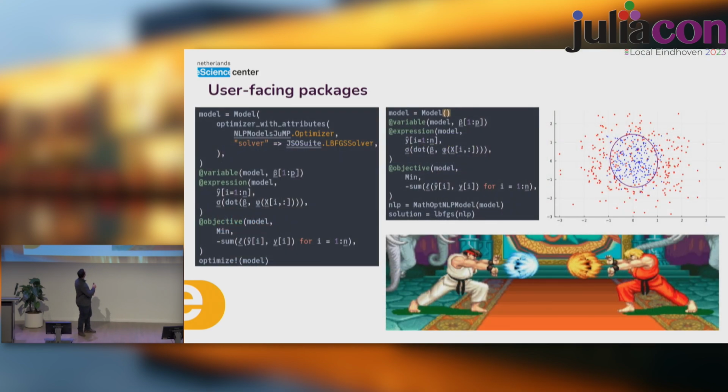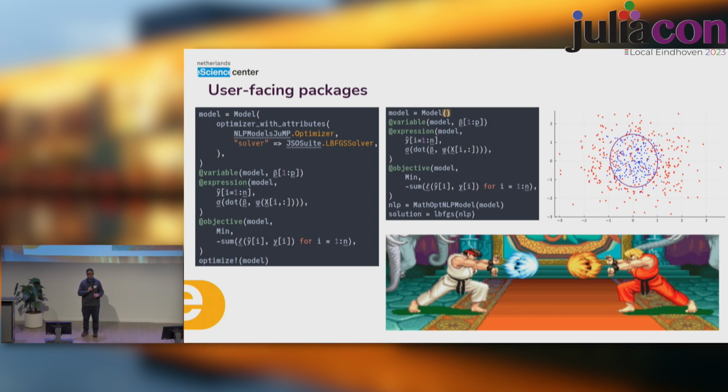So just to show you the differences, here on the left you have just a normal JuMP problem. But in the beginning, we are saying that the optimizer is NLPModelsJuMP.Optimizer, and the solver is JSOSuite.LBFGSSolver. So you can use our LBFGS with JuMP right now.